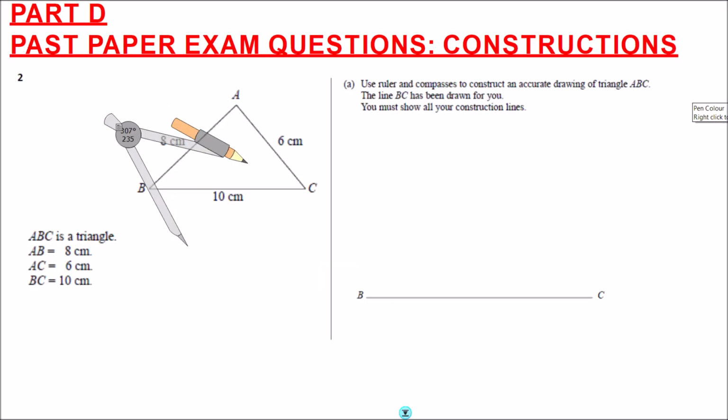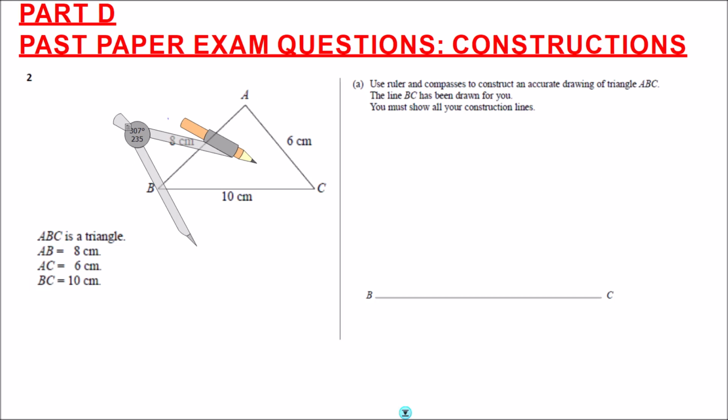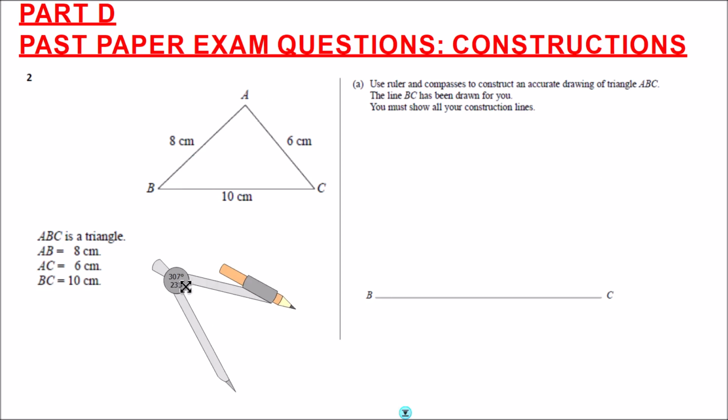So question 2, we have here a triangle which is ABC, and we're given some measurements for this triangle. AB is 8 centimeters, AC is 6 centimeters, and BC is 10 centimeters. We need to do an accurate drawing of the triangle and use construction lines.